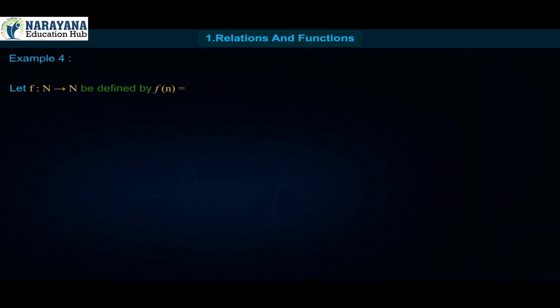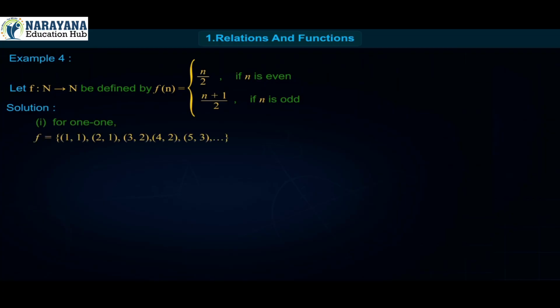Example 4. Let f from N to N be defined by f(n) equals n/2 if n is even, and (n+1)/2 if n is odd. Solution. For one-one, f is equal to the set of ordered pairs (1,1), (2,1), (3,2), (4,2), (5,3), and so on.